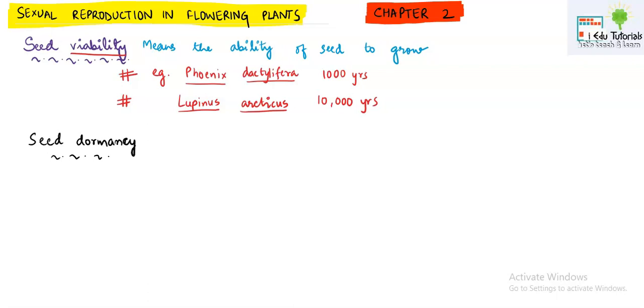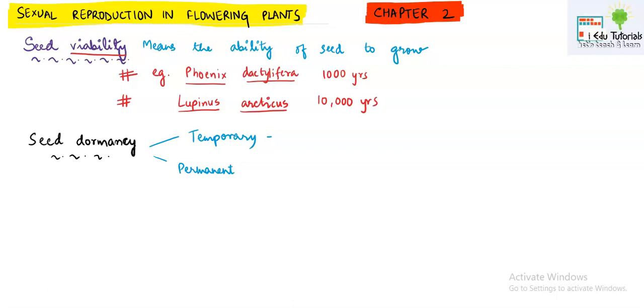Now there could be various reasons for it. It could be temporary dormancy or it could be permanent dormancy. As the name itself is clearing, temporary dormancy will be for quite some time.